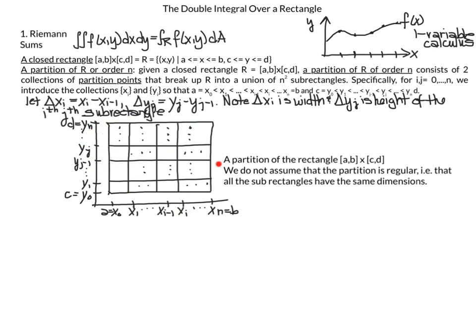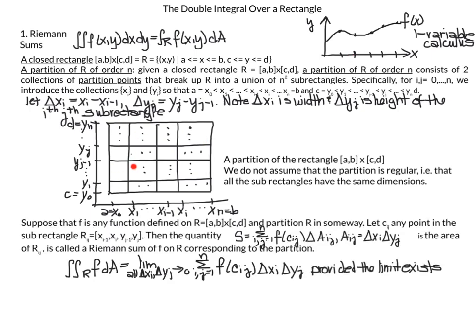So now I get 16 subrectangles for my domain. That is, I've subdivided my rectangular domain into 16 smaller pieces. In the same way here, we divided x into smaller intervals, but now instead of just dividing up a number line, we're dividing up the rectangle.